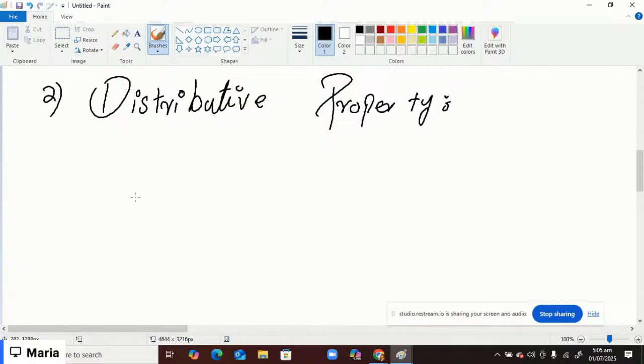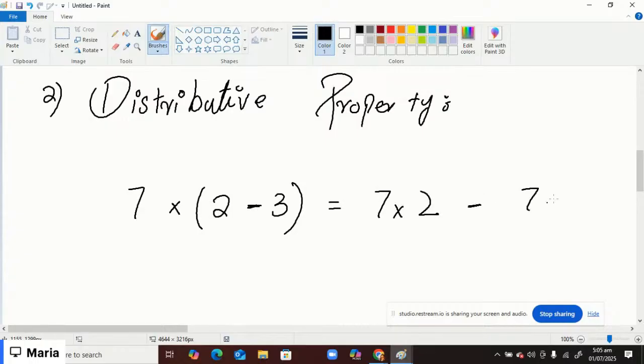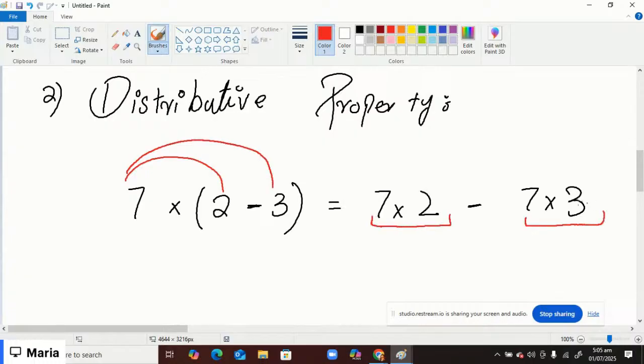For example, here is 7. This is multiplied with a number in the form of a bracket, where sometimes they are adding, sometimes they are subtracting. Here they are adding. So how can we write it down? We simply write 7 times 2, then the middle sign, 7 times 3. Separately, 7 multiplies with the 2, and 7 multiplies with the 3. Separately we are multiplying here. This is called the distributive property.